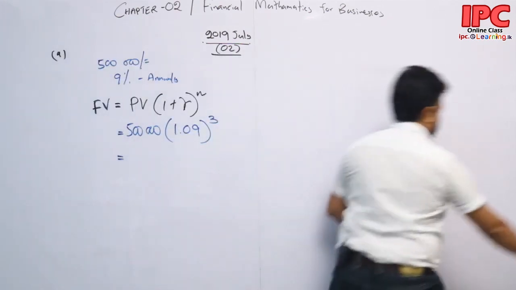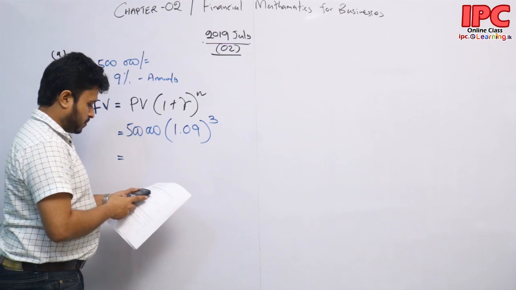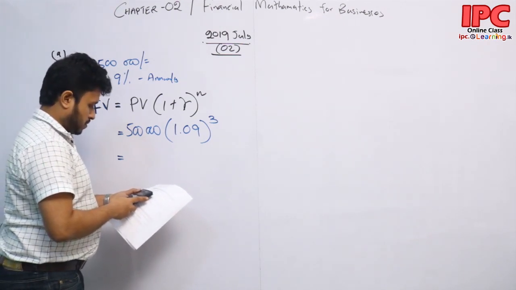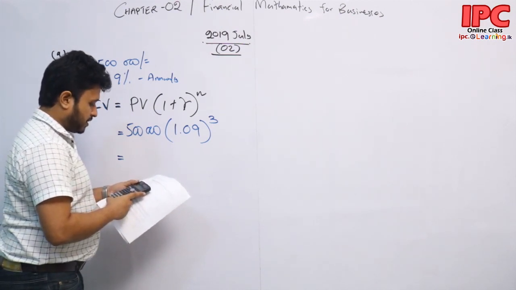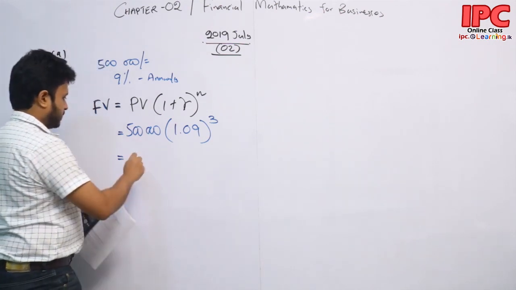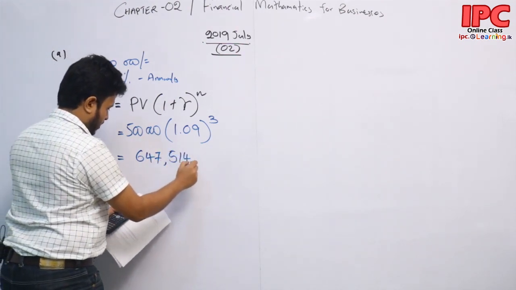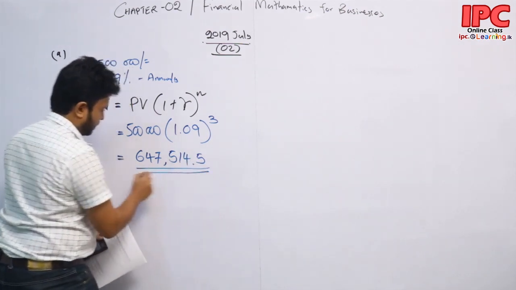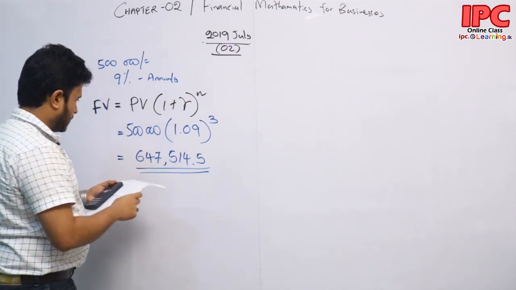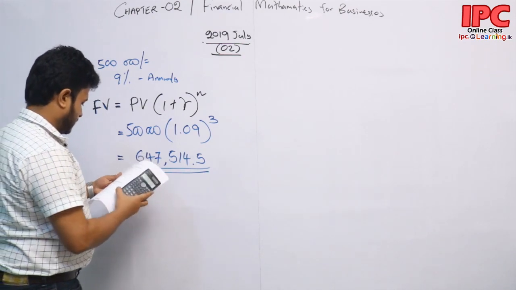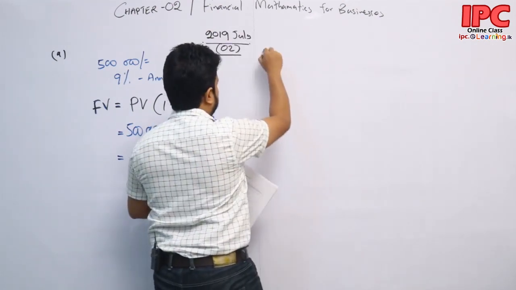So what is the amount? 500,000 into 1.09 cubed, 647,514, right? 647,514.5. So 3 marks.